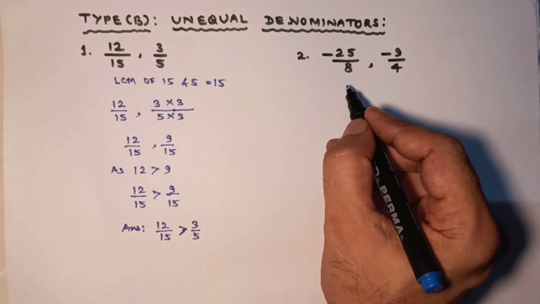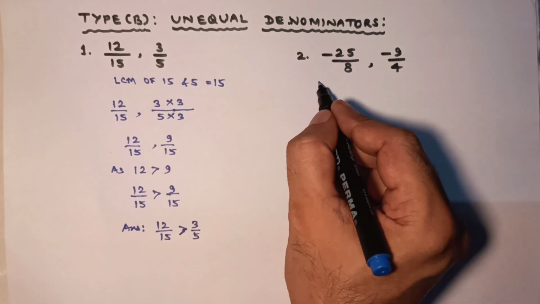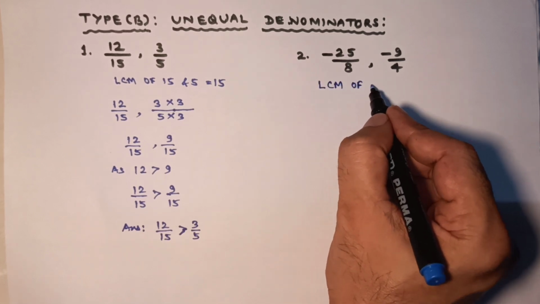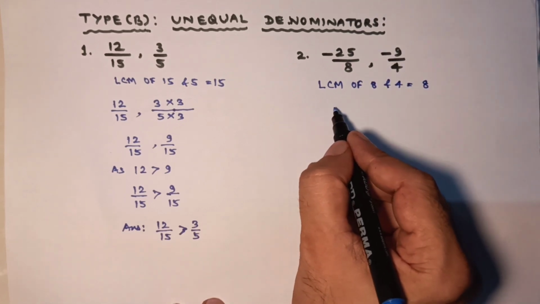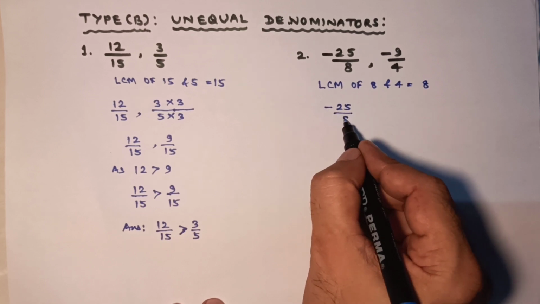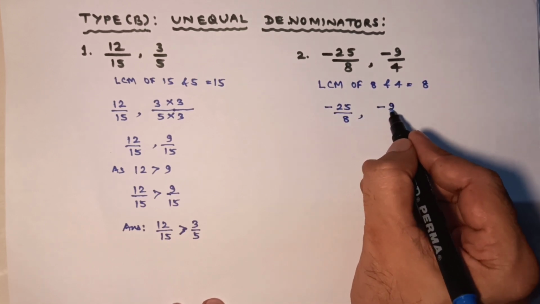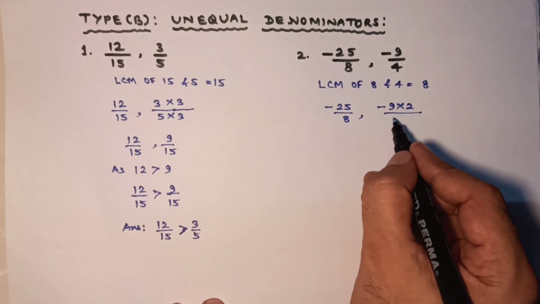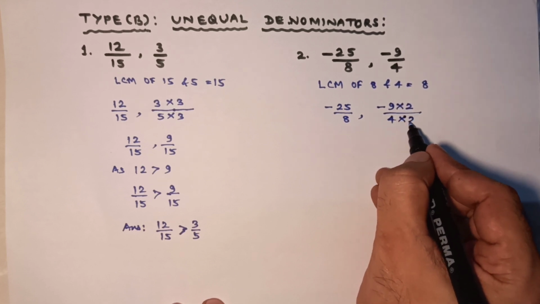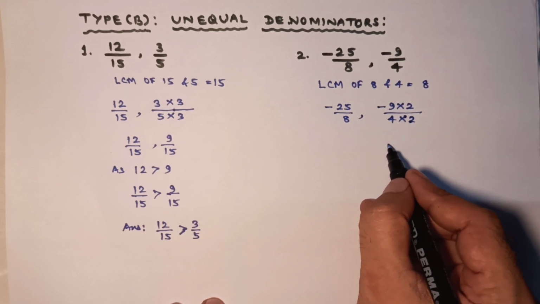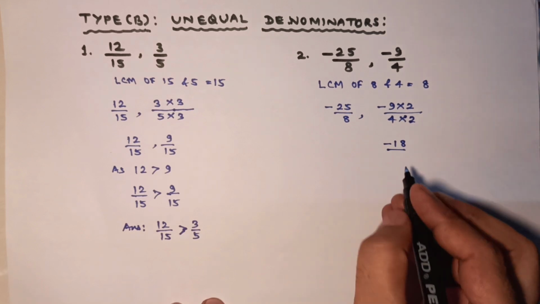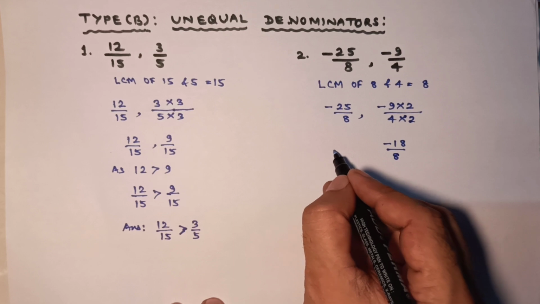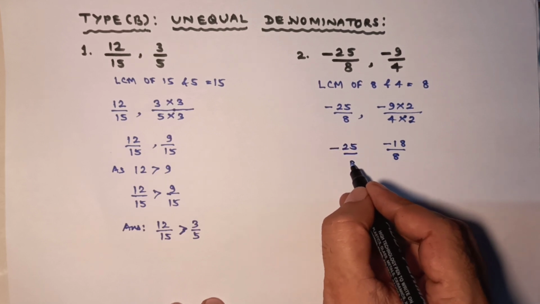Minus 25 by 8 and minus 9 by 4. Here your LCM will be 8. The LCM of 8 and 4 is 8. Therefore, you don't have to change this number. It will be as it is. Whereas for the second number, you have to multiply the numerator and denominator by 2. So 4 into 2, you will get minus 18 upon 8. And this is minus 25 by 8.